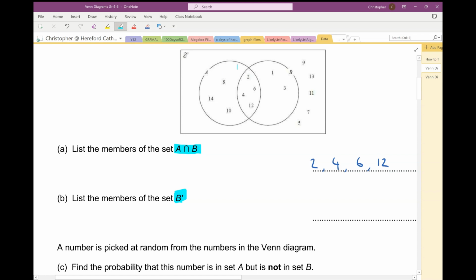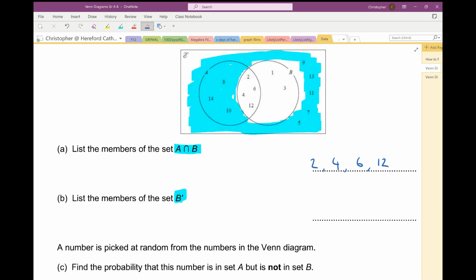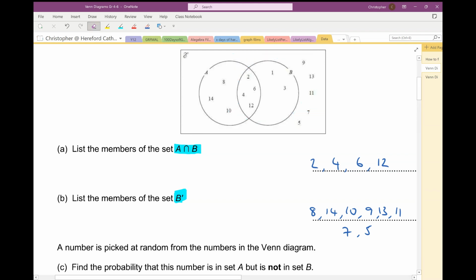So there is everything shaded that is not in B. So my answer is going to be 8, 14, and 10, and also 9, 13, 11, 7, and 5. That's everything that is not in B.